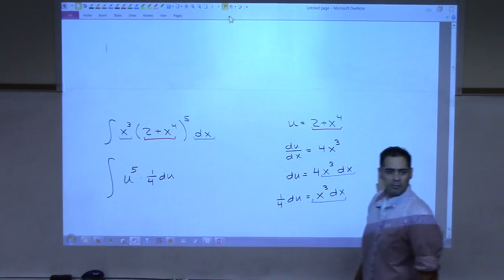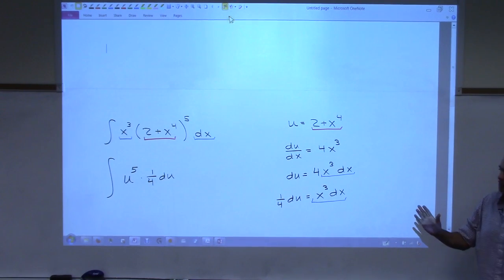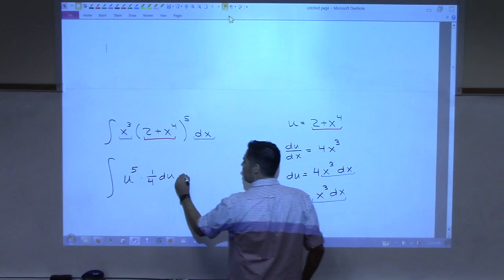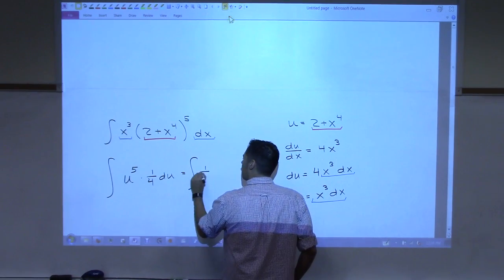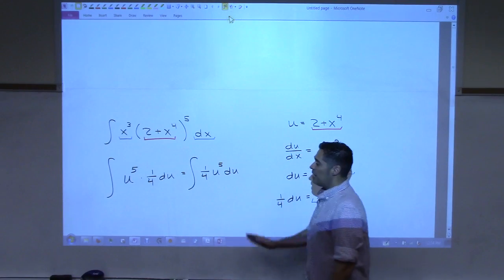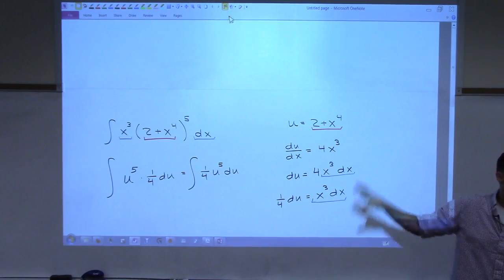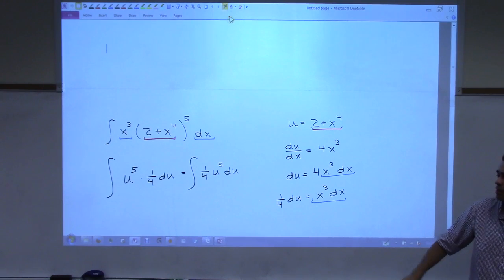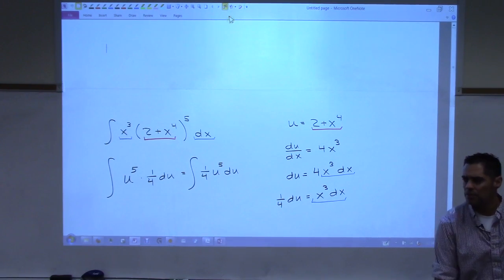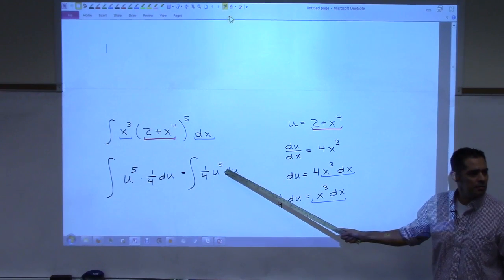Is that okay? Now 1/4 is a constant, isn't it? We can either leave the 1/4 in there and put it in front of the u to the 5th, or you can even bring the 1/4 completely out of the integral sign and carry it along in our answer. But we should be able to do it right here, right? This is just power rule, isn't it?